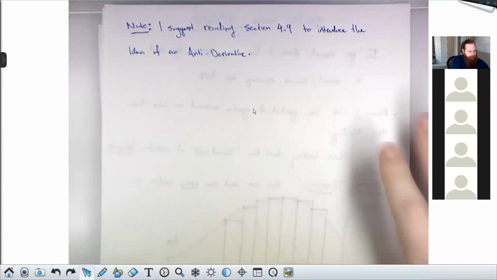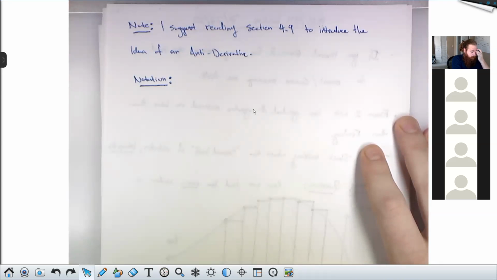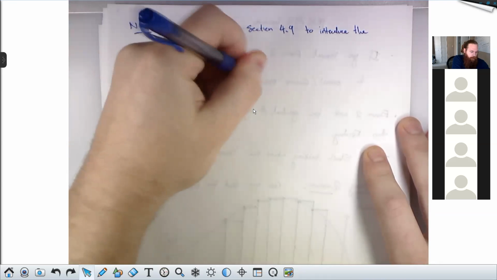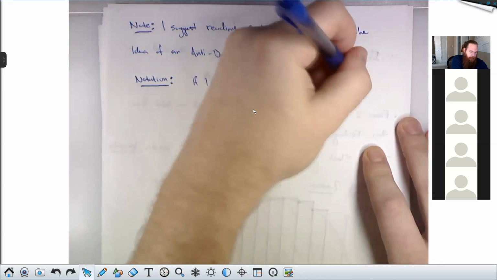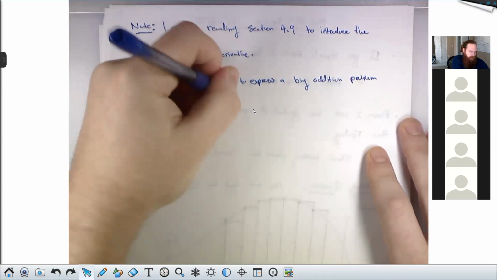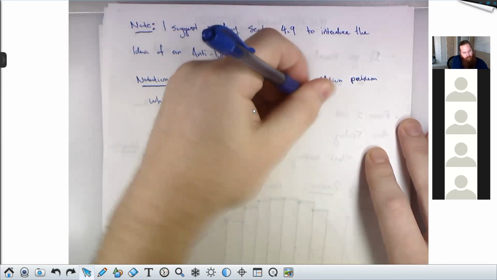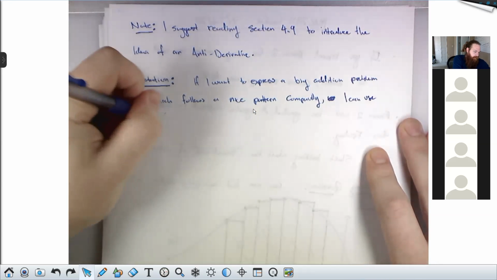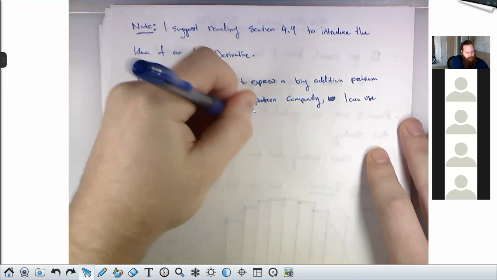Okay, so notation. If I want to add up a bunch of things, if I want to express a big addition problem, which follows a nice pattern, compactly, I can use what's called sigma or summation notation.